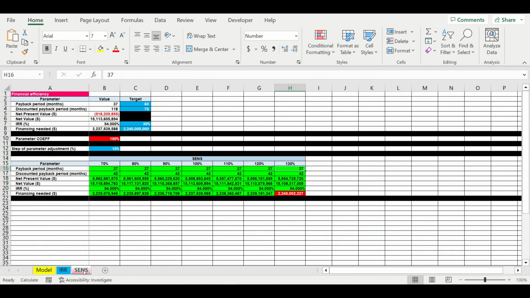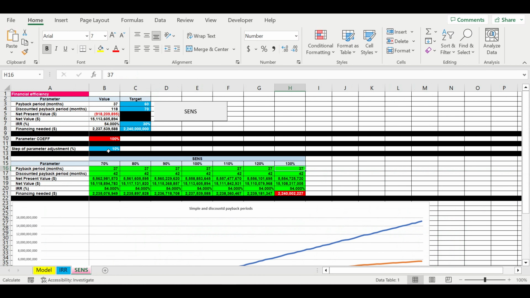Now we can go back. We can change the step of adjusting the price. And now let's press the send button and see what will happen.